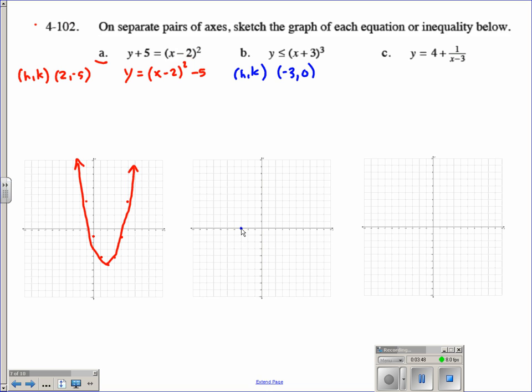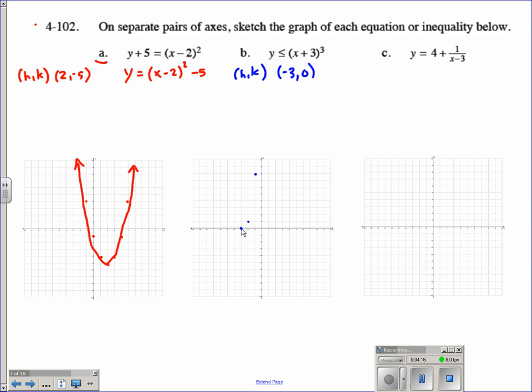So we should have a point about right there. And as we graph the rest of it, remember, our cubic function looks like this. As we go over 1, we're going to cube that. 1 cubed is 1, so we'll go up 1. As we go over 2, we would cube that. 2 cubed is 8, so we're going to go up 1, 2, 3, 4, 5, 6, 7, 8.